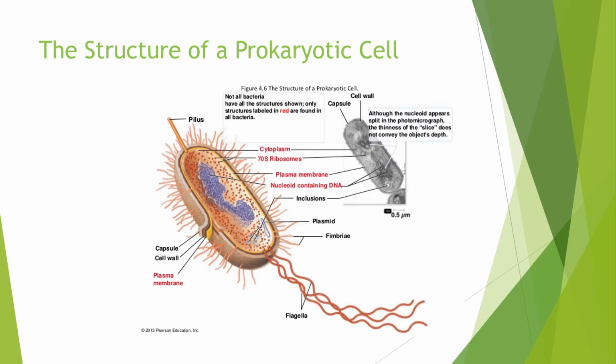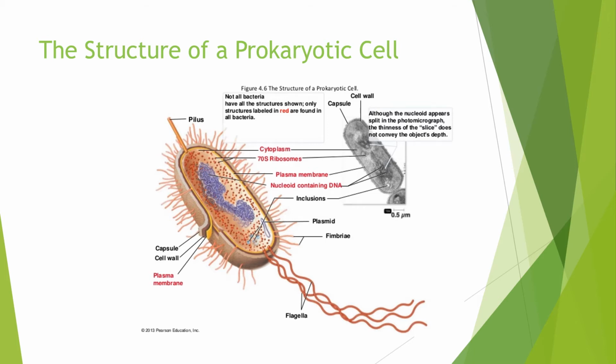But again, not all bacteria have the capsule layer. Having the capsule layer is usually going to protect the prokaryotic cell even more against the immune system. And so we always say that the capsule is going to add to the virulence of the bacteria, and it's going to definitely play a role in making the bacteria more pathogenic, meaning the bacteria can cause disease.